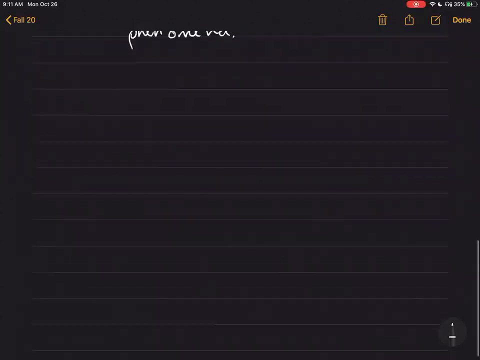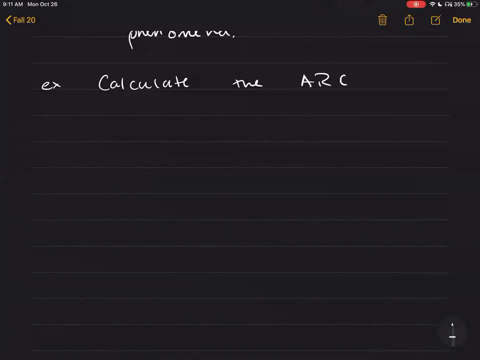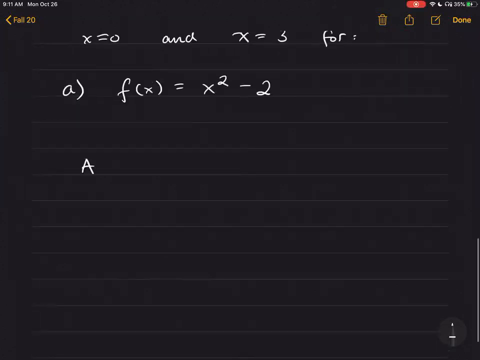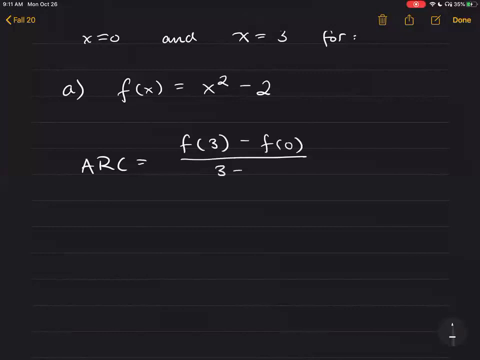So let's see some examples of calculating this. Calculate the average rate of change between x equals 0 and x equals 3. Let's do something simple like f of x equals x squared minus 2. So simple polynomial. The average rate of change, according to our formula, is going to be f of 3 minus f of 0 over 3 minus 0.